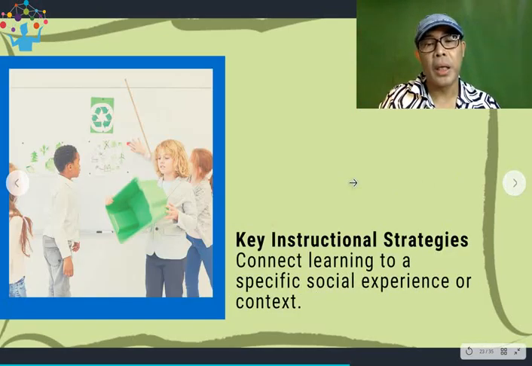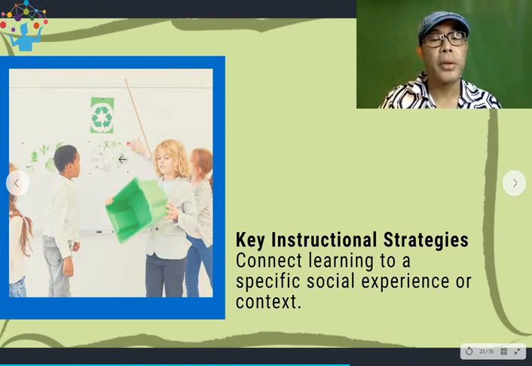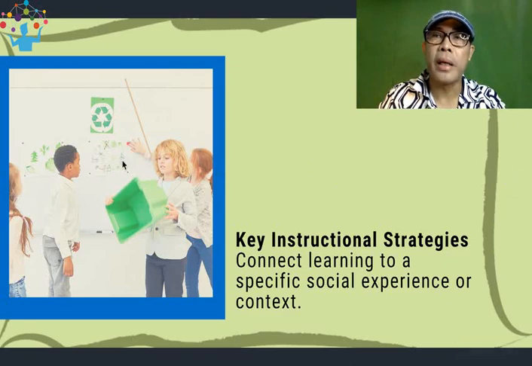And the next one is to connect learning to a specific social experience or context. Again, I mentioned that a while ago. For example, in the picture, you're talking about science. What is very relevant now in terms of science? It is climate change.